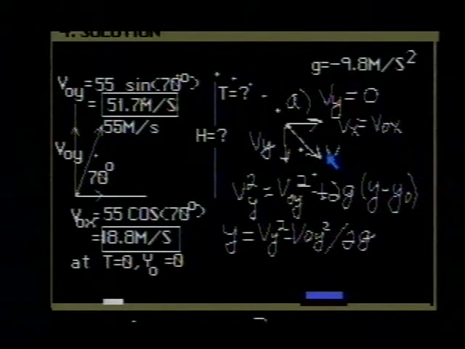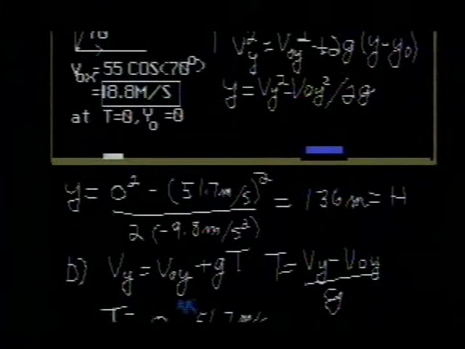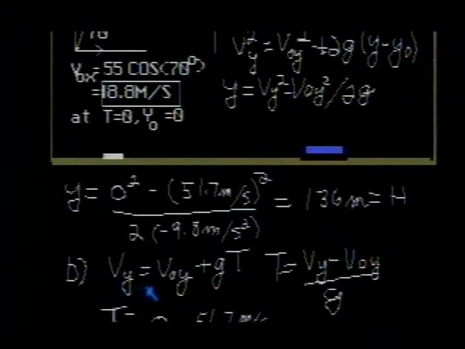We can do that using exactly the same equation that we used in part B. V sub y at any time is v0y plus gt. Well, let's use that.